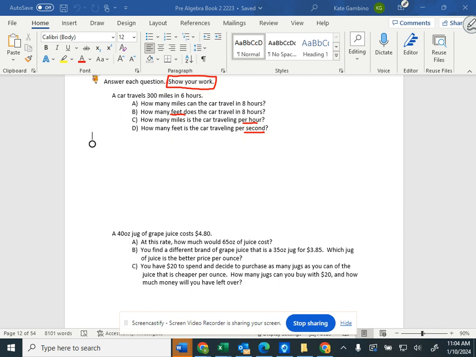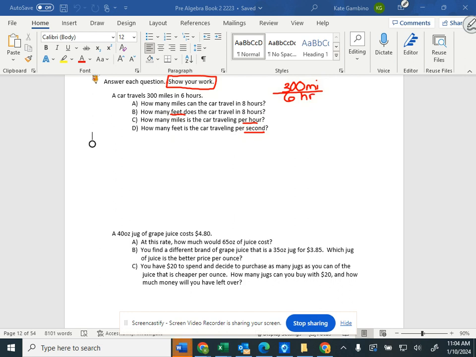What do you think we need to do to solve how many miles can the car travel in 8 hours? What steps do you think we have to do, Grace? See how many it can go in 1 hour and then times it by 8. We have to break it down to that unit rate. So if we know it can travel 300 miles in 6 hours, what is the unit rate for that?